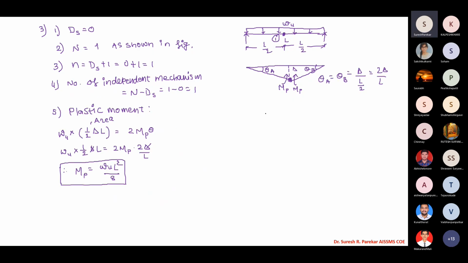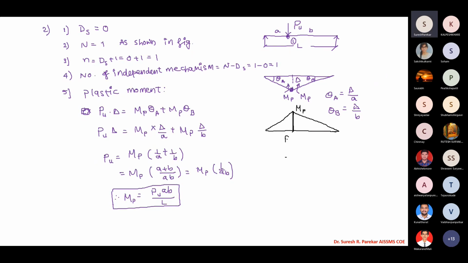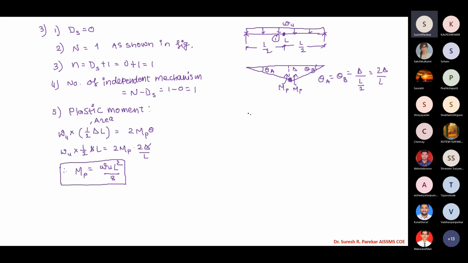We'll go to this same diagram की आपण UDL ला काढतो WUL²/8, पण इथे WUL²/8 नाही लिहिणार आहे आपण. We are going to write down it as MP again.